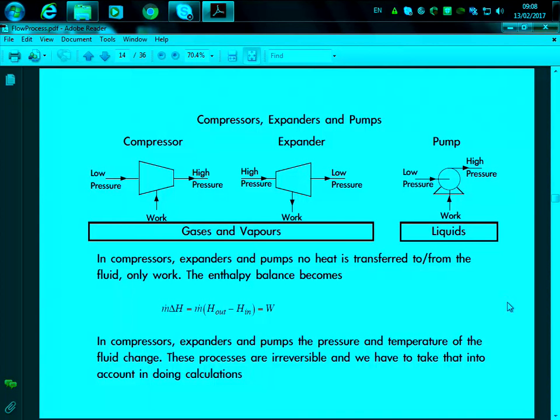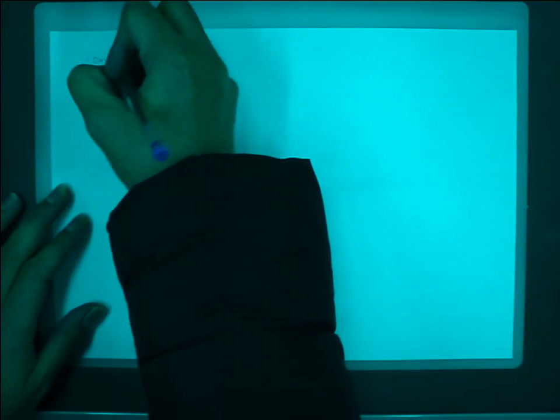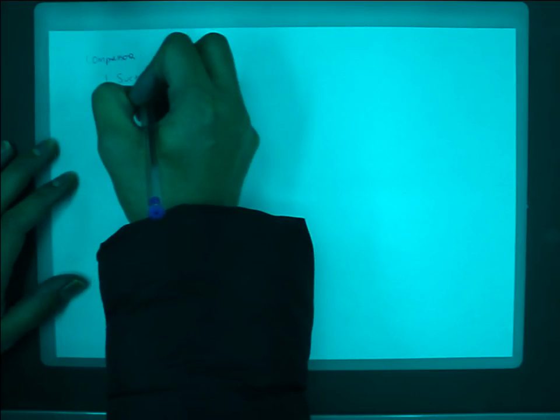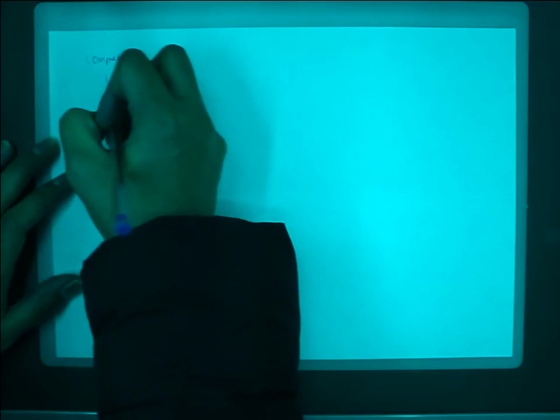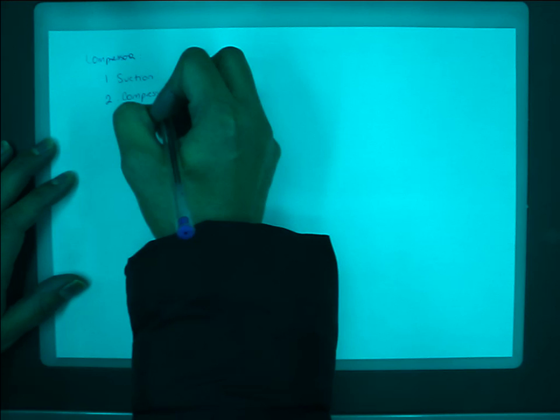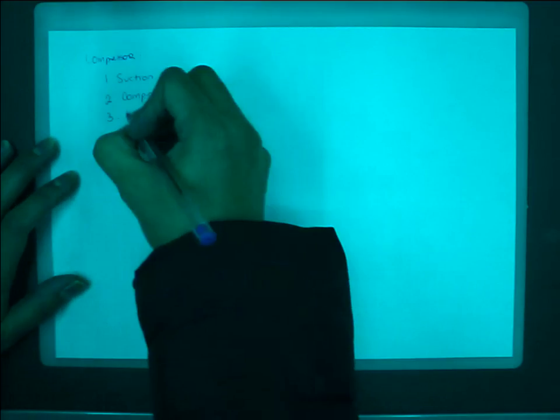So we look at this, and what I wanted to tell you is that there are three things that will comprise a compressor. Okay. It doesn't matter what type of compressor you work with. We will always have a suction, the compression part of it, which is generally what changes from one compressor to another, how we'll have the compressor force into the fluid going through it, and finally the discharge.